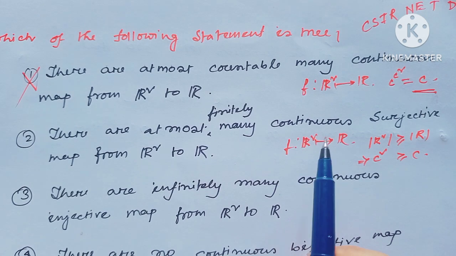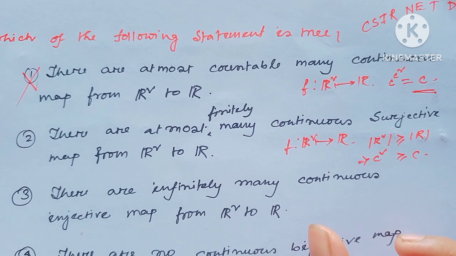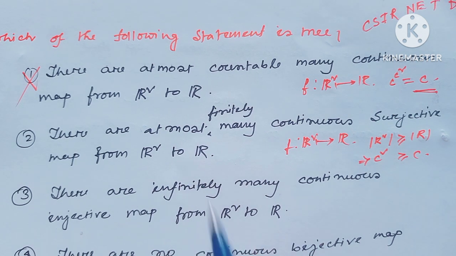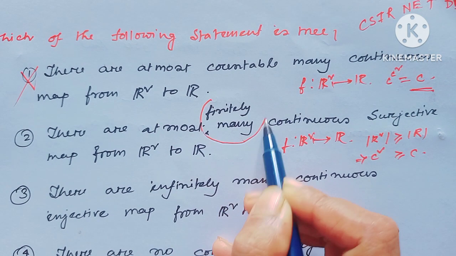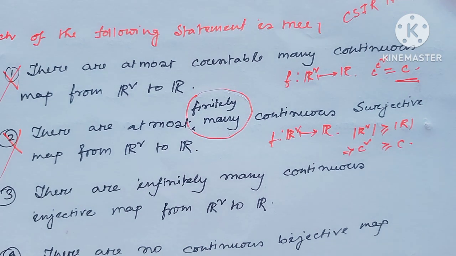At most uncountably many onto functions are possible, but the question has indicated there are at most finitely many. This is not true. So option 2 is also not correct.